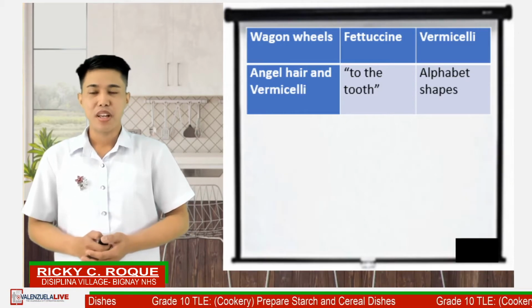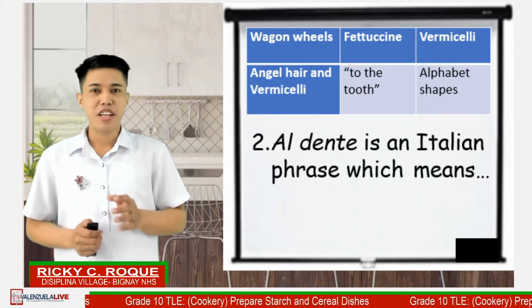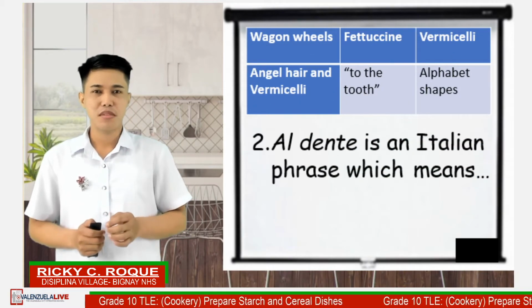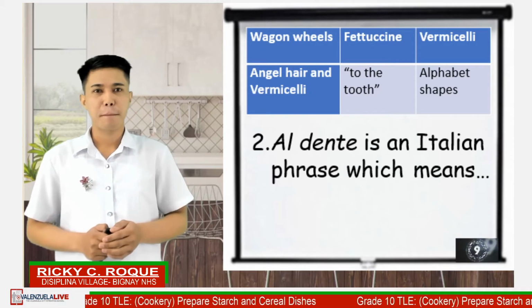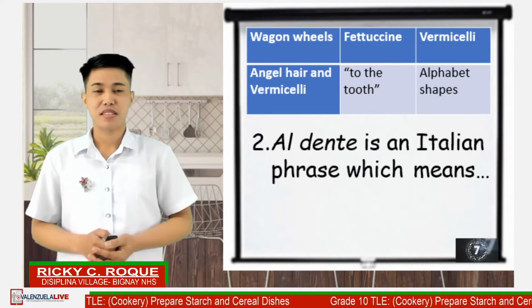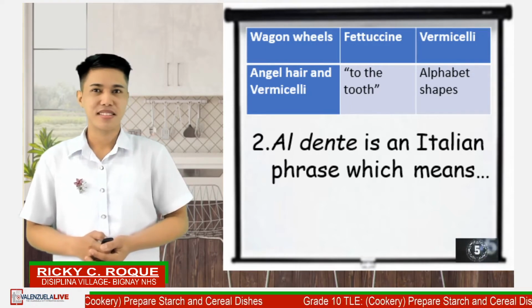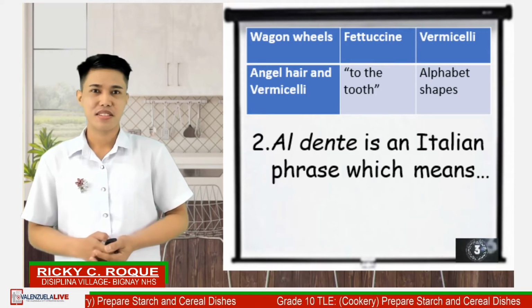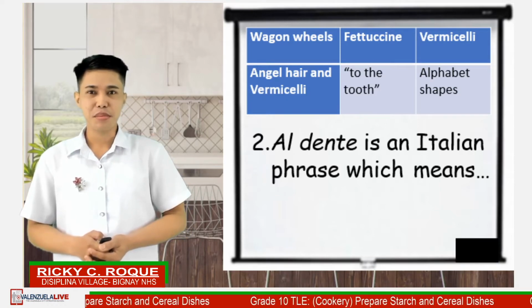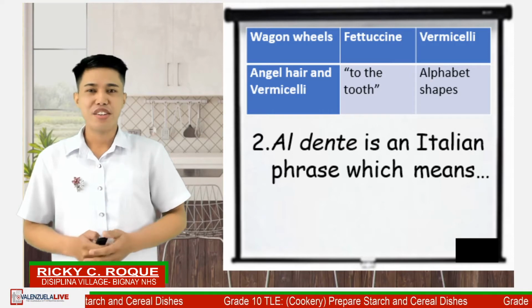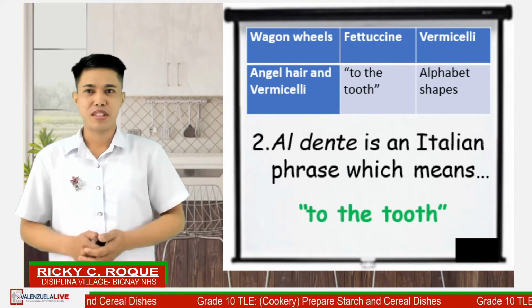Number 2. Al dente is an Italian phrase which means... Great. The answer is to the tooth.